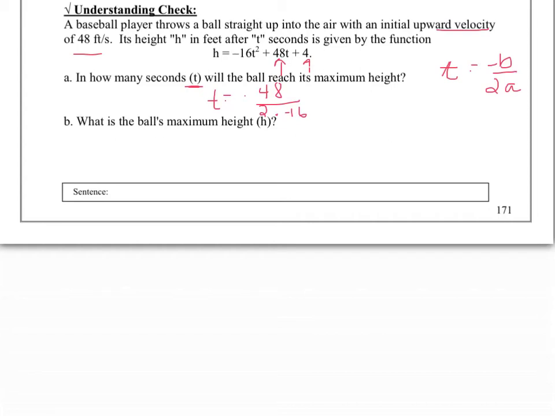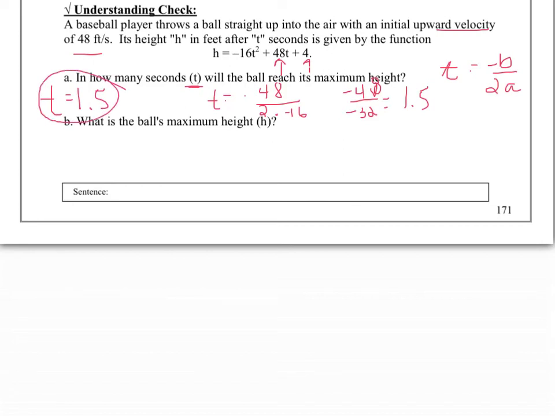So here we have negative 48 over negative 32, which is equal to 1.5. So t is equal to 1.5. The time is 1.5 seconds.